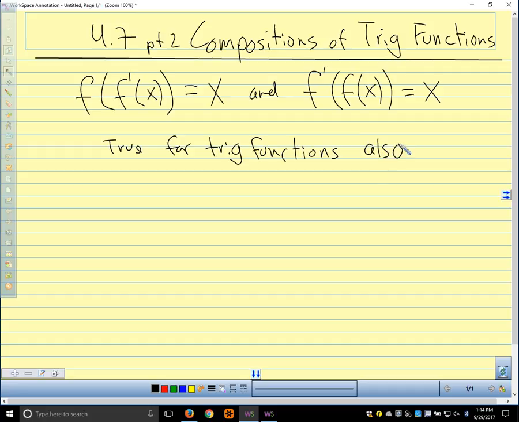This is true as long as we pay attention to the domain restriction of our original function.